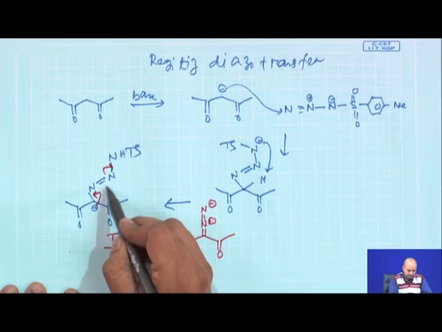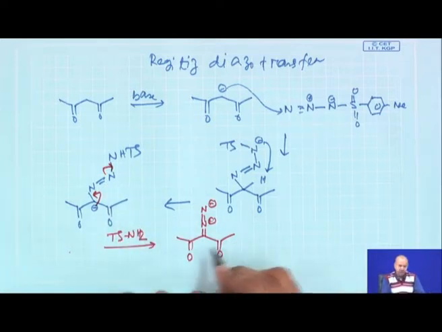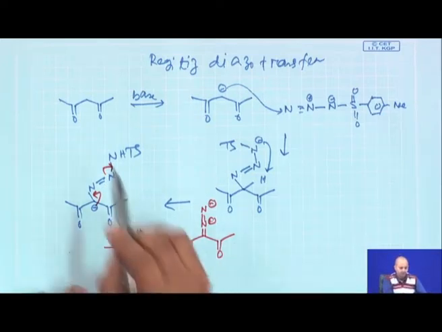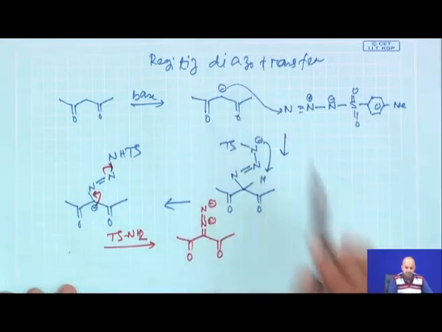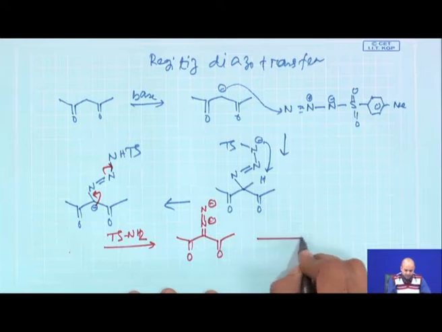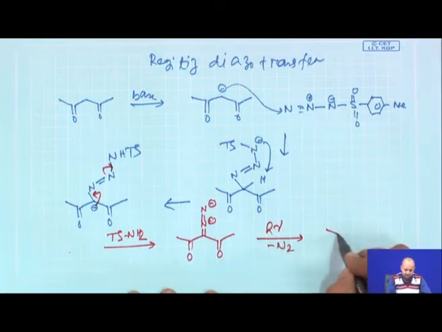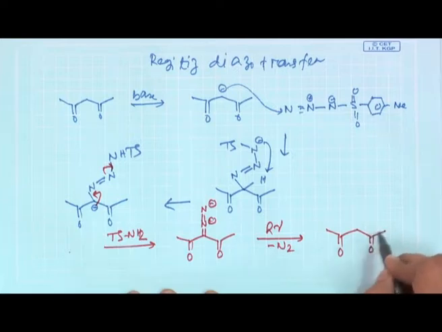This diazo species can easily be generated from a corresponding 1,3-dicarbonyl compound, which is named the Regitz diazo transfer. Then in this case you shine light, nitrogen elimination takes place and you get the carbene. This carbene you basically generate.